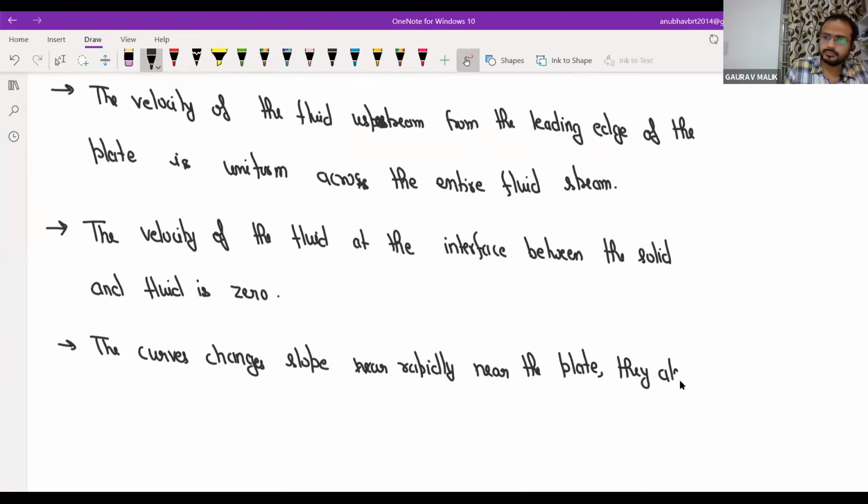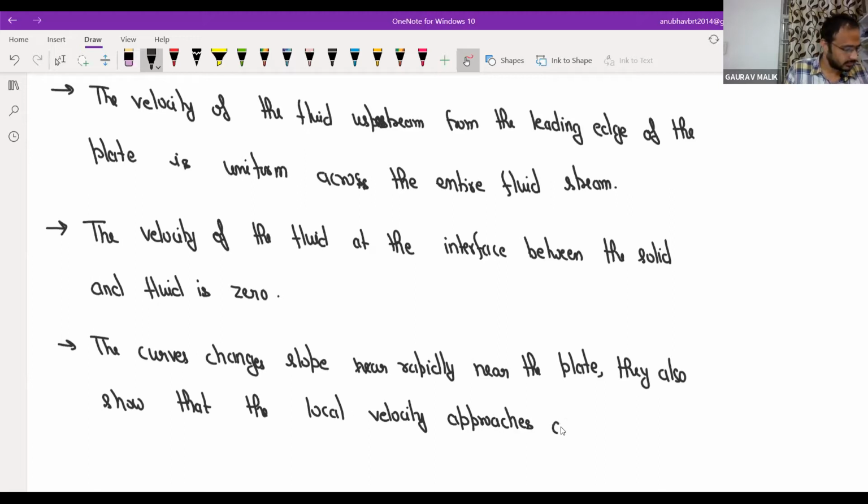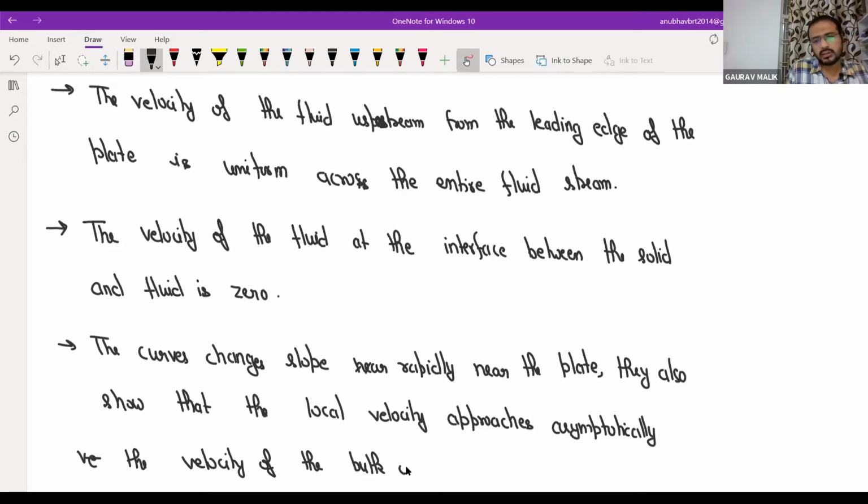They also show that the local velocity approaches asymptotically the velocity of the bulk of the fluid stream.